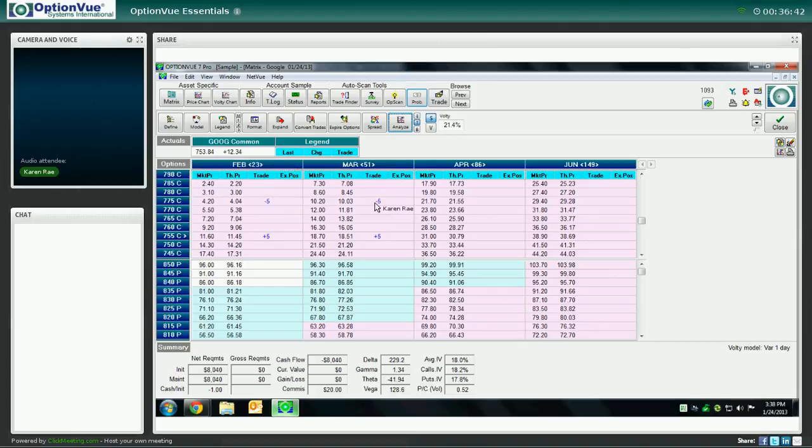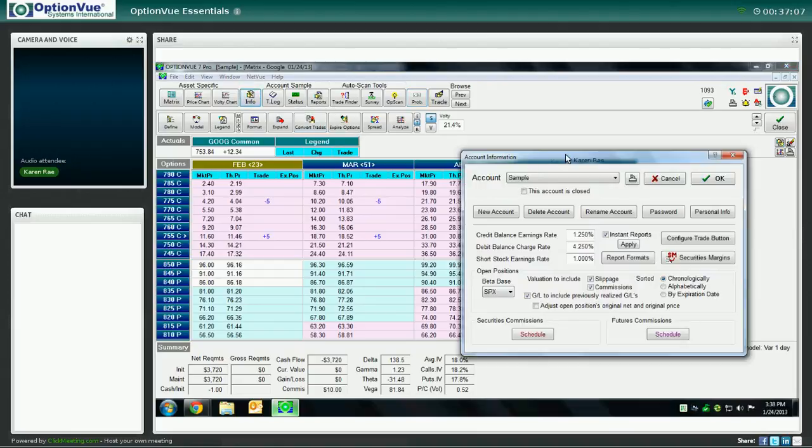And then I can just click off to get rid of that if I don't want to see that again. So once I've decided that I'm going to make the trade, I can hit this again and then hit the Convert Trades button and make this go into OptionVue's record keeper as an existing position.